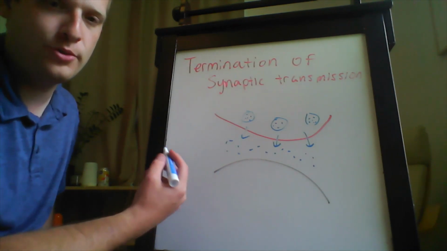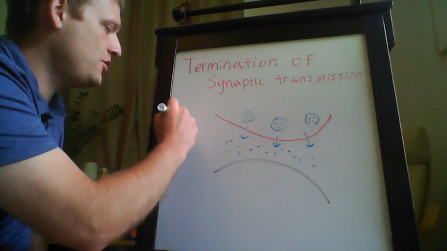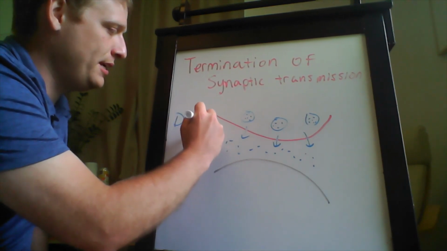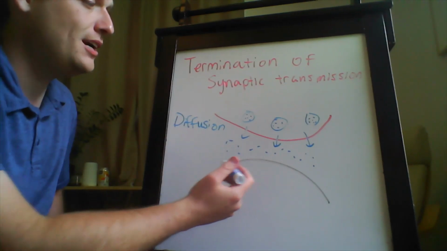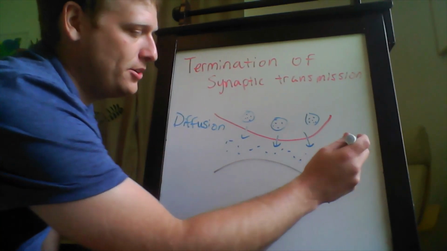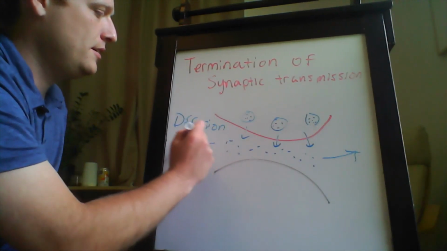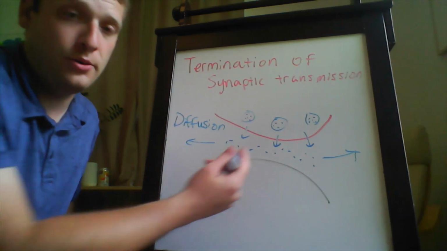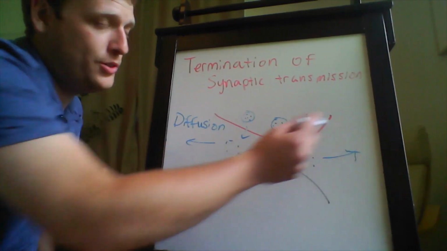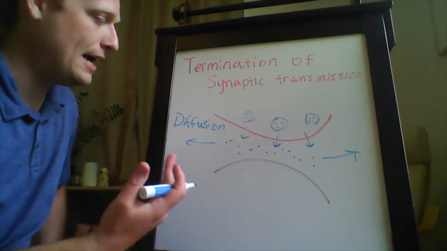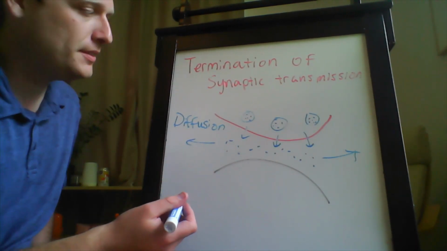And that can happen in three different ways. The first is just by diffusion. This is the simplest mechanism for removing neurotransmitter. That's simply where neurotransmitter just kind of diffuses out. Since it's highly concentrated here, it's going to move to a place where it's less concentrated, and that happens by simple diffusion.